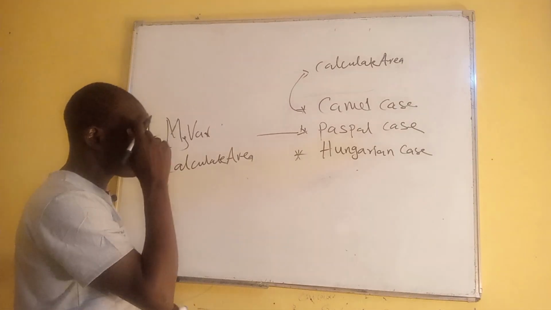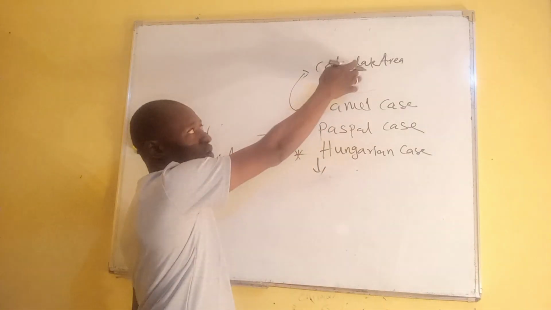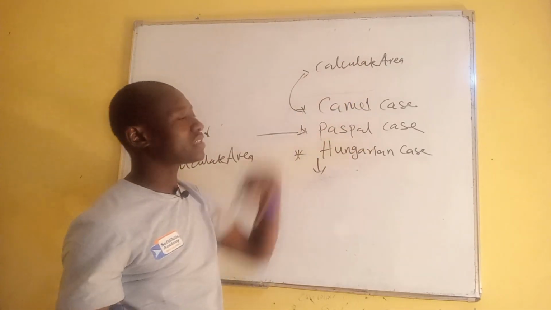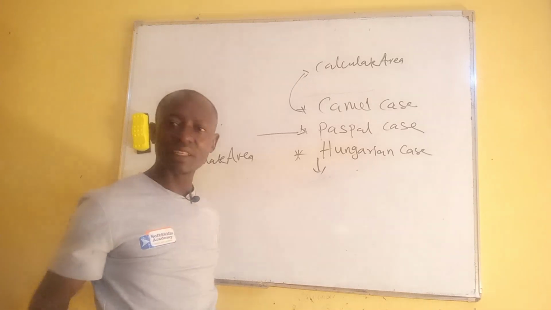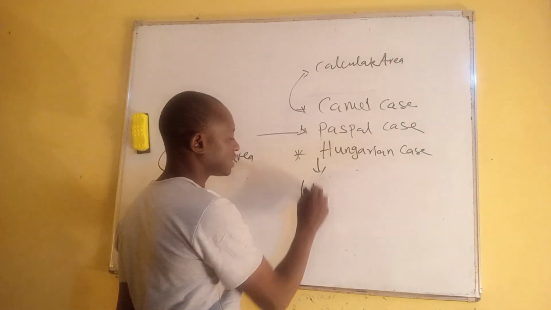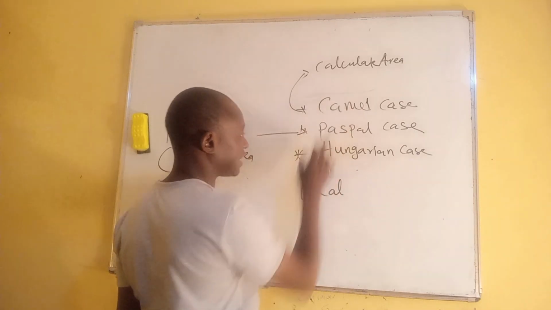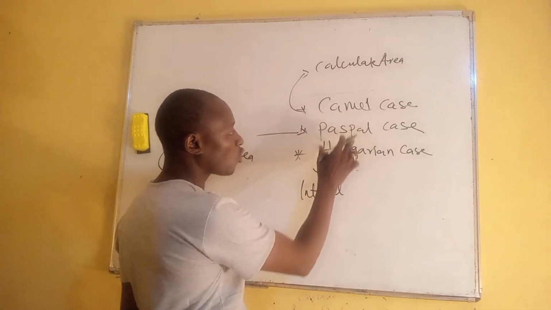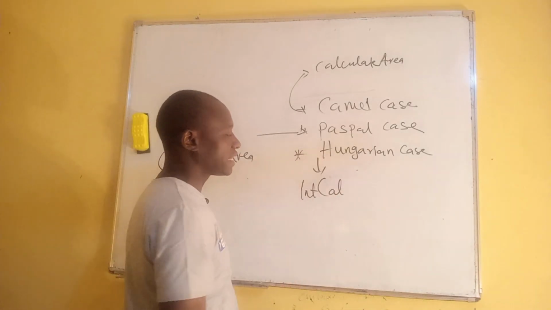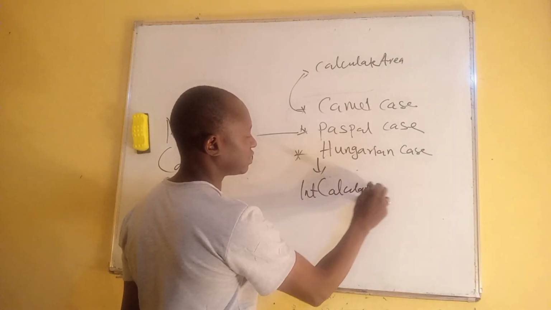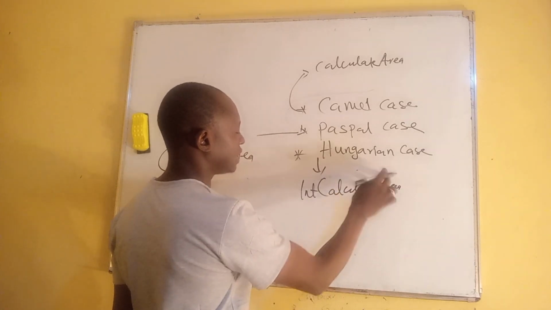For instance, here in Hungarian, we want to calculate the area of a circle. Assuming the area is an integer, we set int, then Calculate with a capital letter. That's the combination of Pascal case and data type, which gives you Hungarian case: intCalculateArea. Are we together?